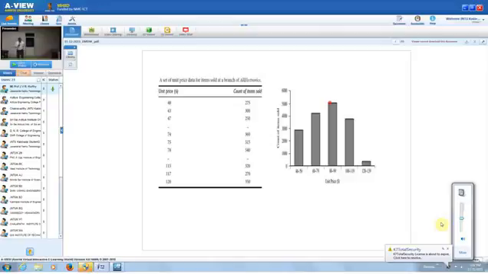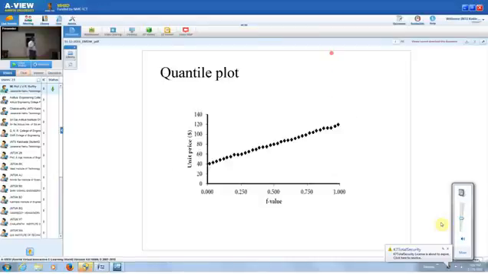Okay. So next slide, please. So what is this quantile plot? For this quantile plot, to have a better understanding, I'll just work out a very simple example on the board, so that you will have some better perspective about it.